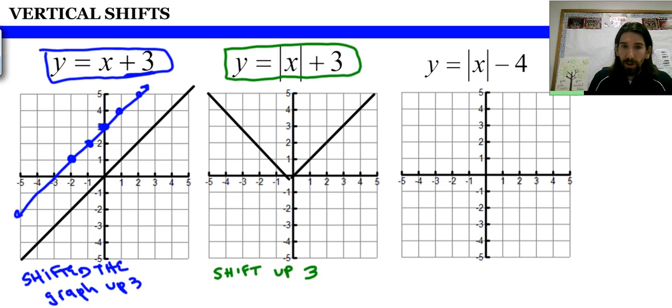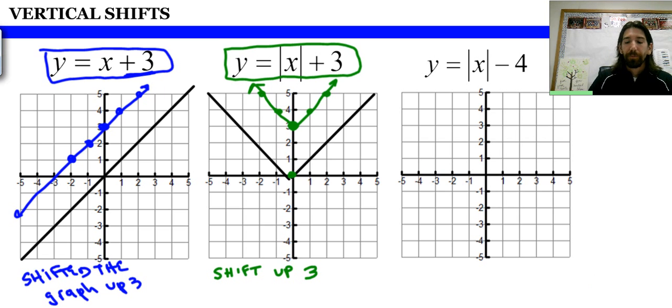It was at (0, 0). So if it was at (0, 0), my new one is going to be shifted up 3. So 1, 2, 3. Here's where my new vertex is. And I go up 1 over 1, up 1 over 1, up 1 to the left 1, up 1 to the left 1. And I have my new absolute value graph. So it's important that you remember where the parent function is, right here, so that you can know that shifting it up 3 moves the vertex up 3 spots.